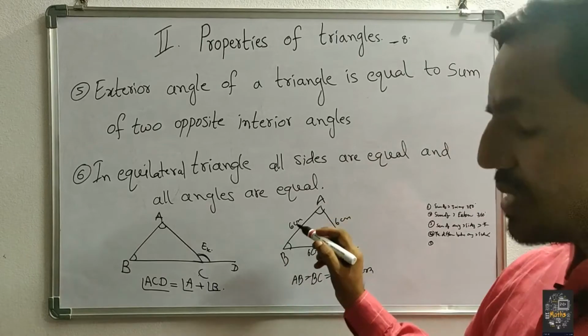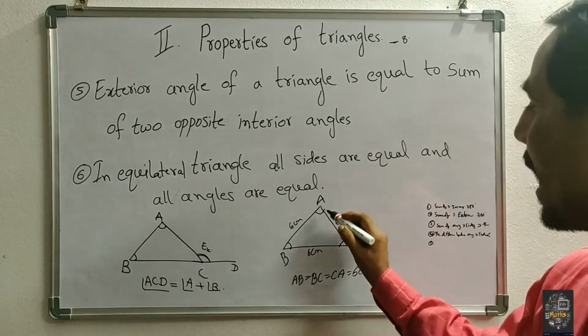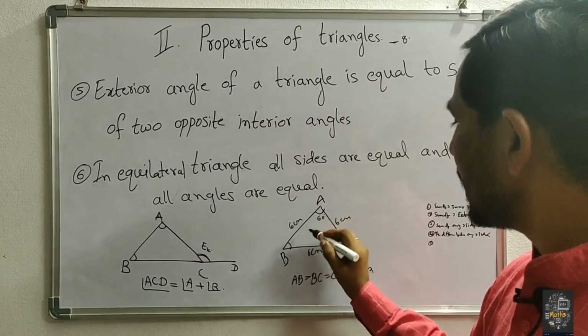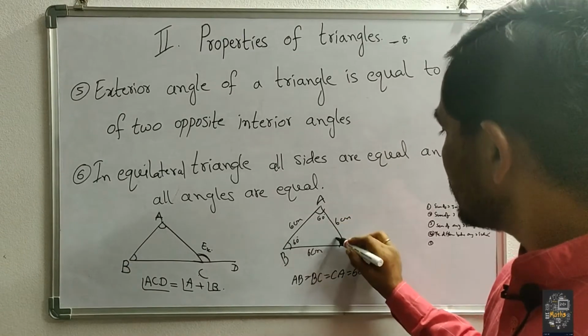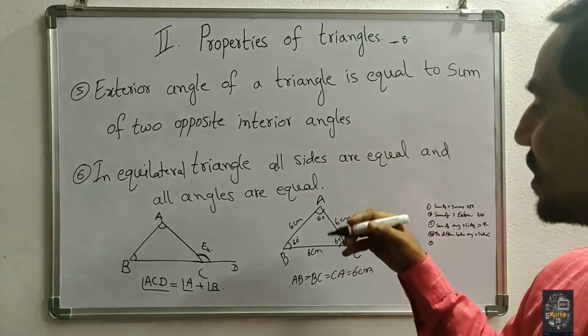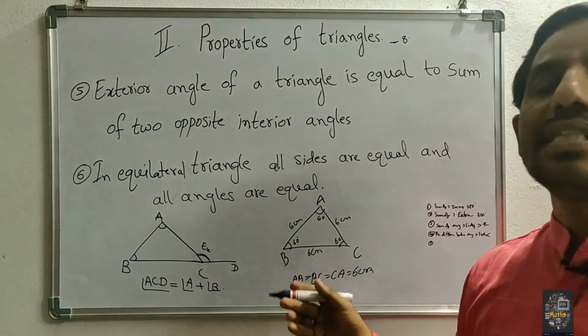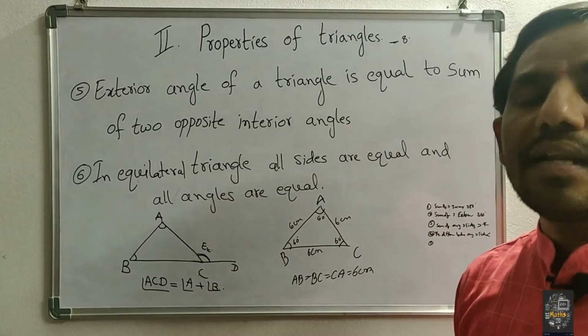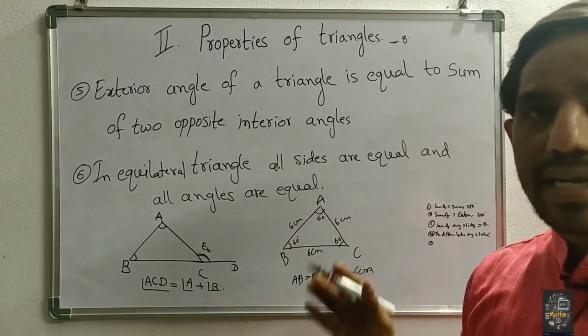Means all sides are equal. And angle A exactly in equilateral triangle compulsory 60 degree, 60 degree, 60 degree. For example, if 61 degree is there, it is not an equilateral triangle. Maybe that is acute angle triangle or scalene triangle or right angle triangle.